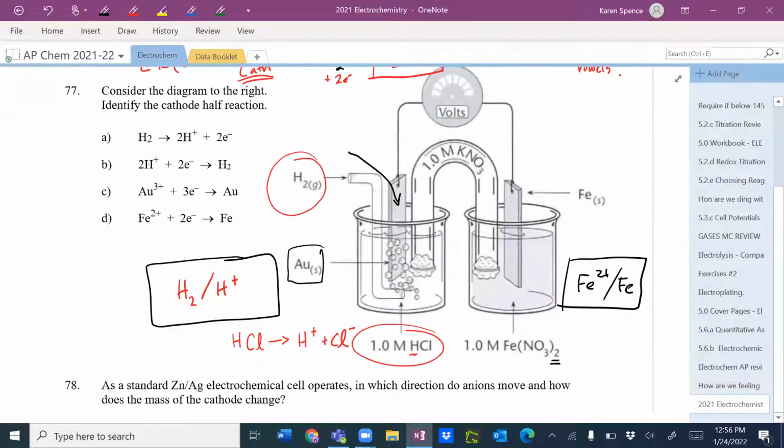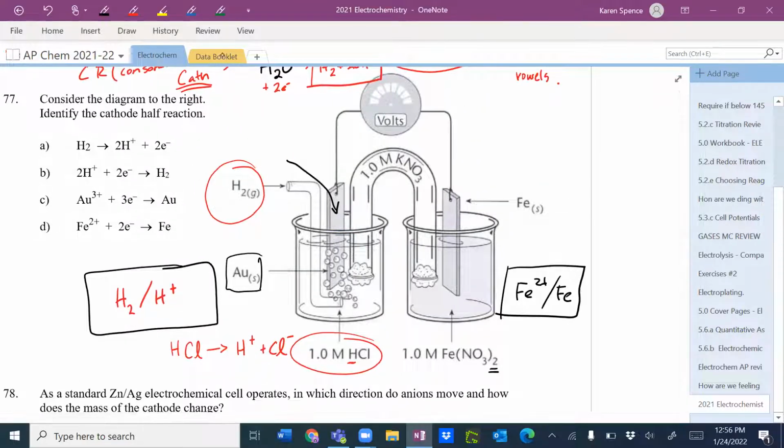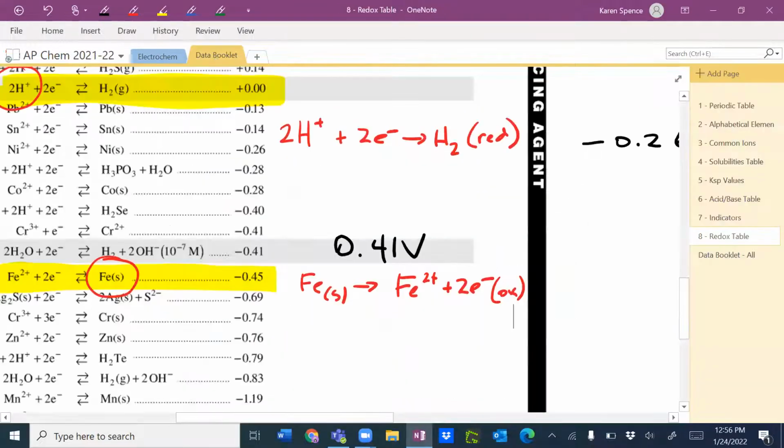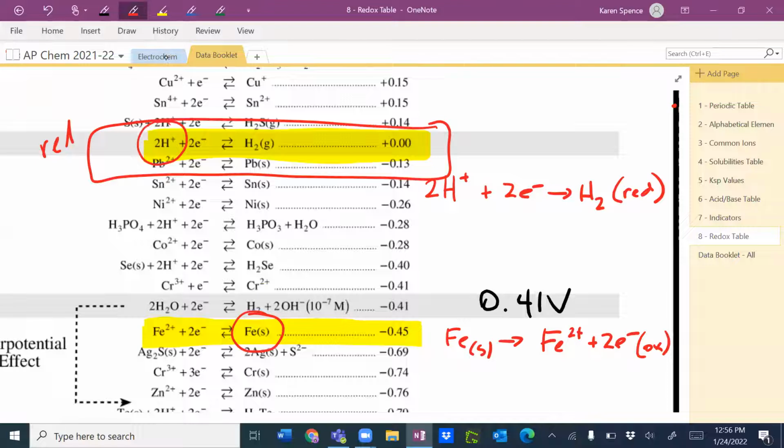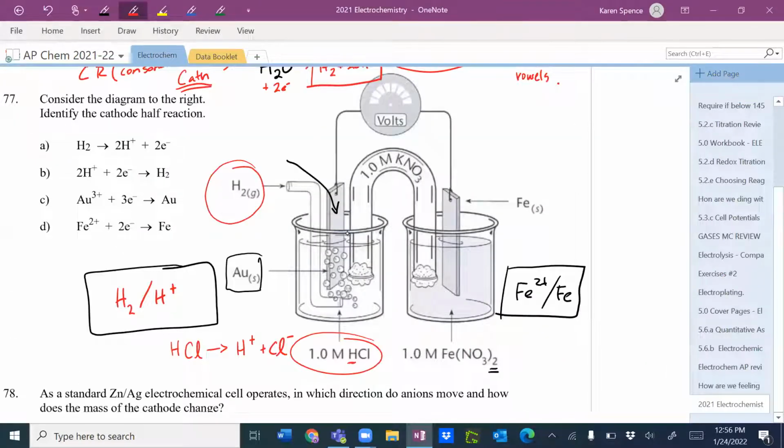Ooh, identify the cathode half reaction. So our cathode is going to be the one where reduction is taking place. So that's going to be the one where the hydrogen is, because that's our reduction. So this is our cathode right here.